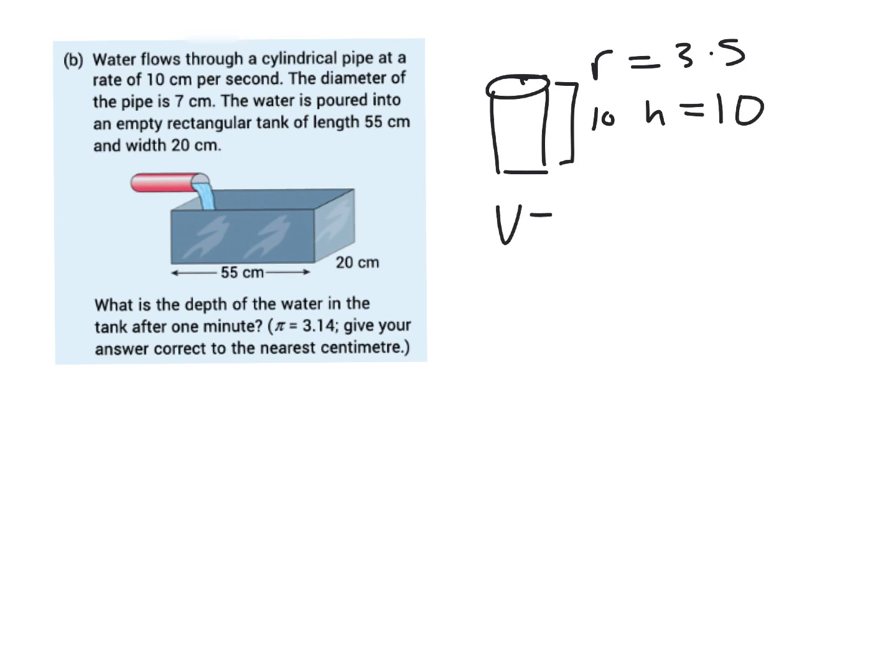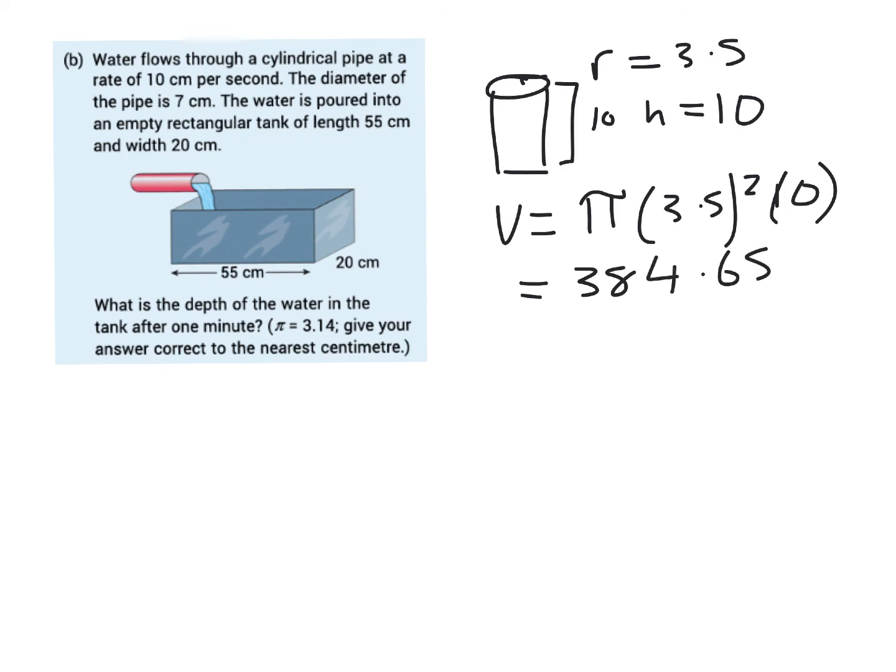And then if we get the volume, we get pi, r is 3.5 squared, by 10, which is the height, and I pop that into my calculator and I'm going to get 384.65 centimetres cubed. So that's my volume of the pipe.